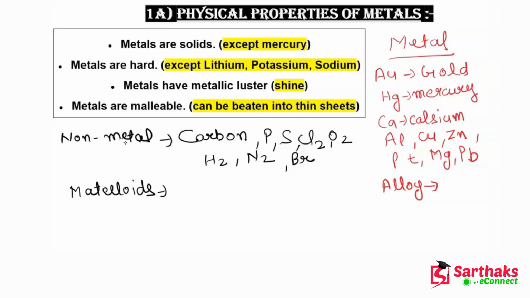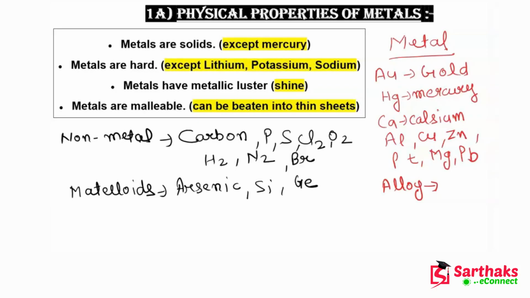Some examples of metalloid are arsenic, silicon, germanium. Although you do not need to worry about metalloids because this is not a part of our syllabus, you should have the knowledge of these things. I hope guys this is clear to you.